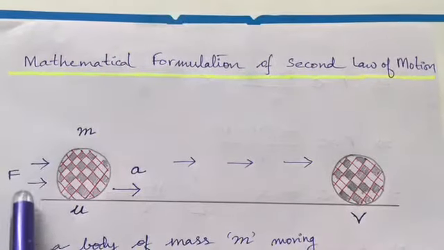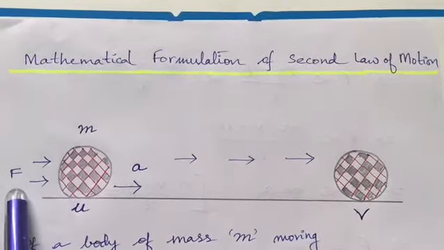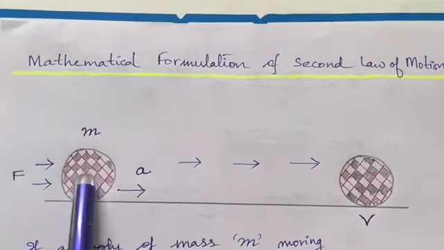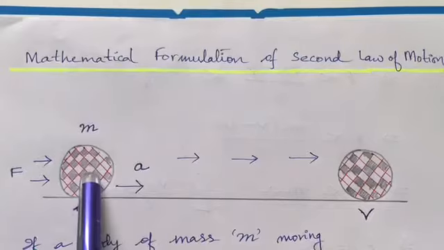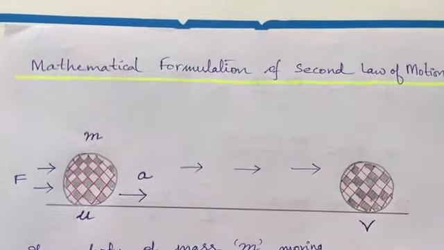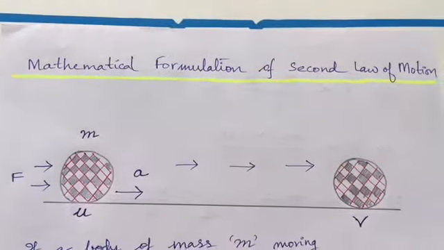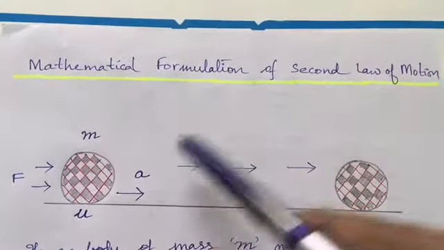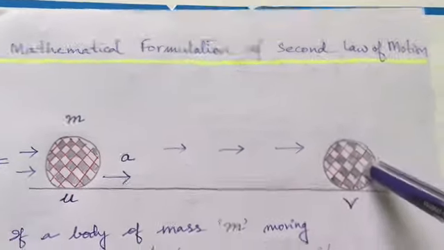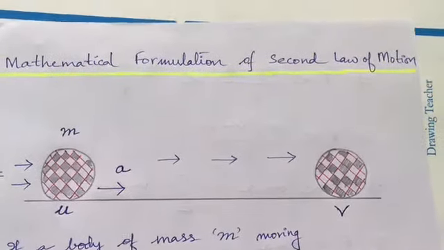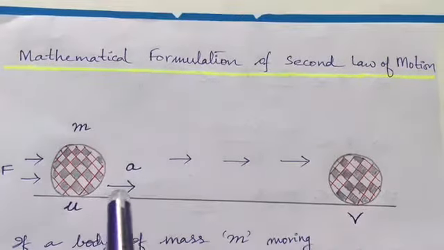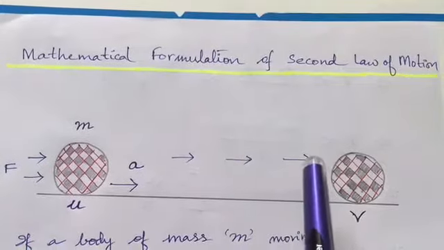We should apply some force. I am applying force to this ball, so this ball will have some acceleration. After some time this ball will reach a certain position, and while moving it has attained some velocity.